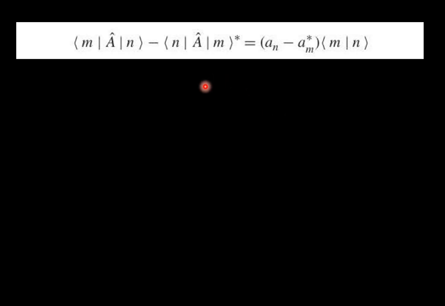And interestingly, whatever I have done, I have done it deliberately to get the advantage of the definition of Hermitian operator. Because if A is Hermitian, then you see the turnover rule, m and n have changed their position, nAm with a star. So actually this part is 0 if of course A is Hermitian.